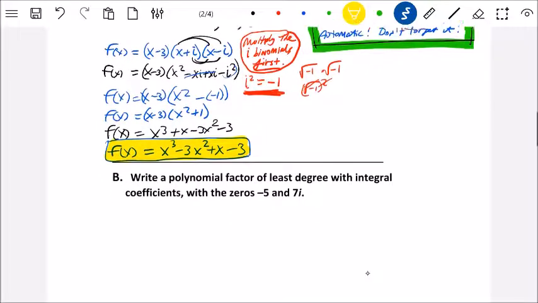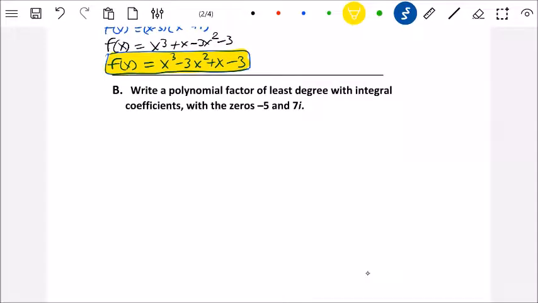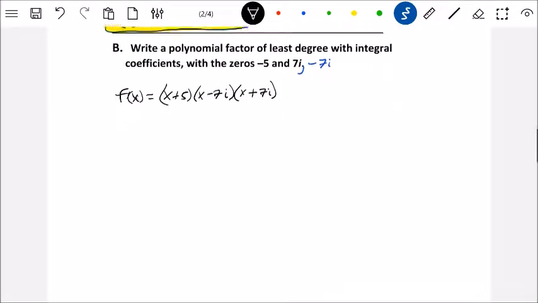Okay, let's do it again with this number this time. So I know if I have 7i, I now have negative 7i. So that means that the function is equal to x plus 5 using the opposite sign, x minus 7i using the opposite sign, and x plus 7i using the opposite sign.